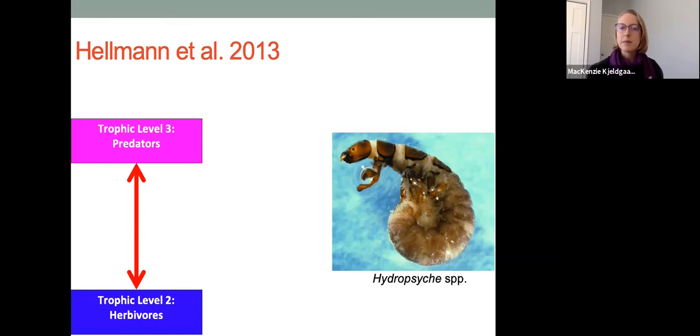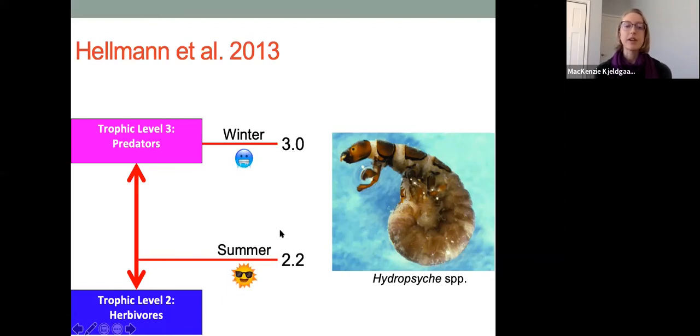They found that this omnivorous species shifts its diet from a more predaceous diet in the wintertime to a much more herbivorous diet in the summertime. So essentially by estimating trophic position on this more continuous scale, ecologists are able to get a better idea of the strength of these trophic interactions.